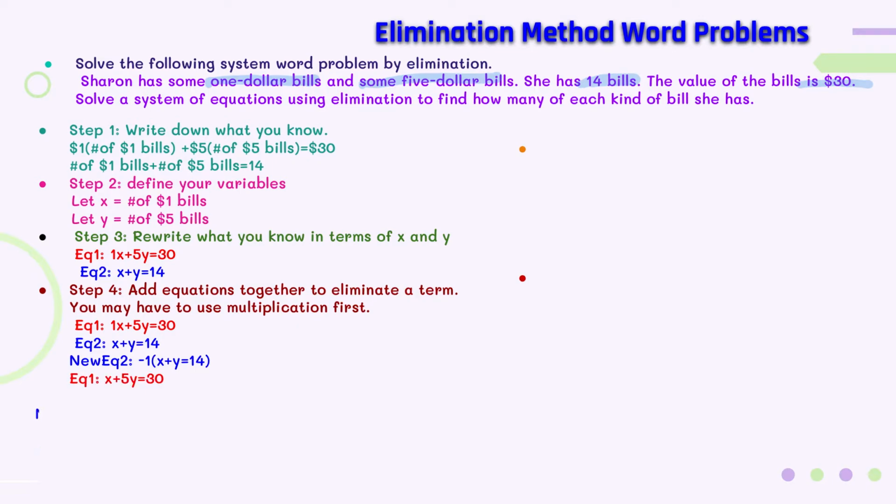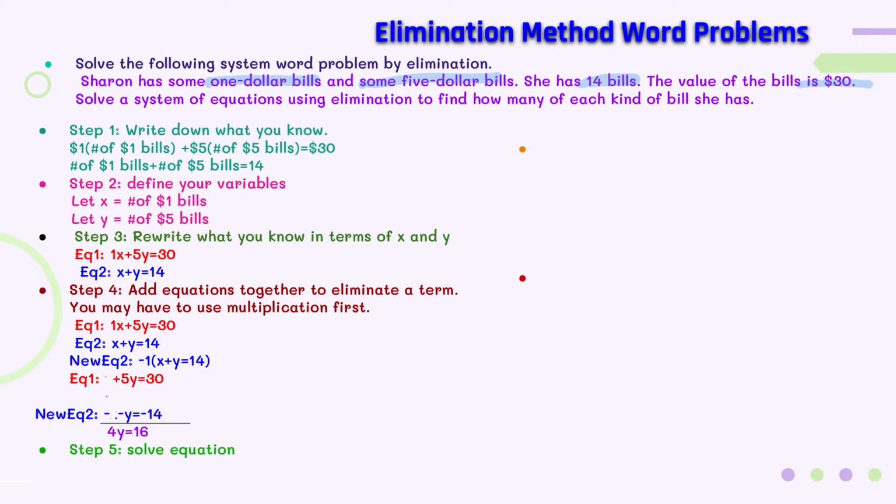So when I add the two equations together, I get 4y equals 16, because I've got these terms to cancel. So I have 5y plus -y is 4y, and 30 minus 14 is equal to 16.